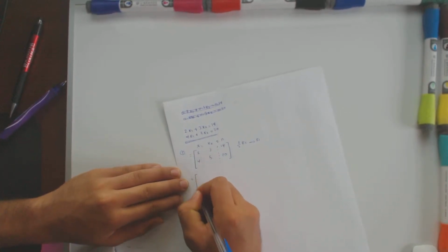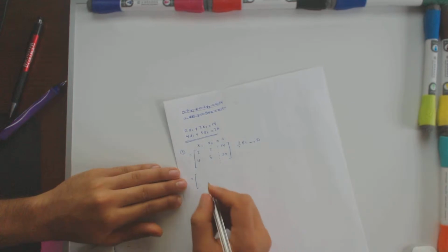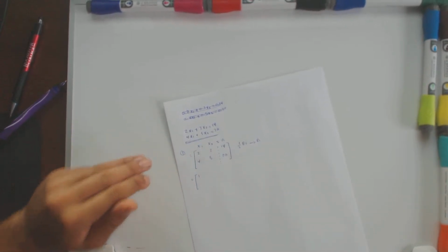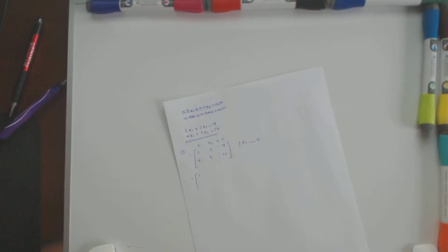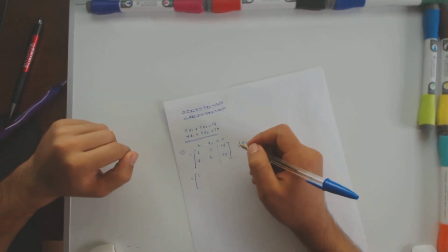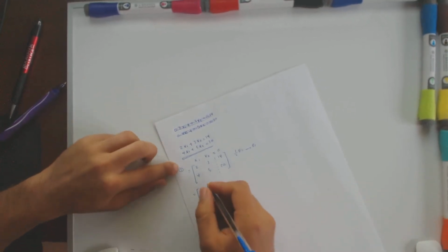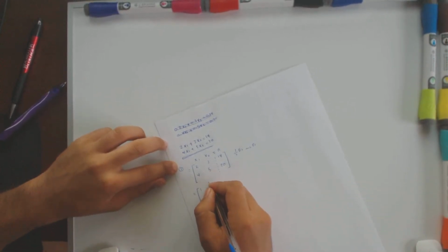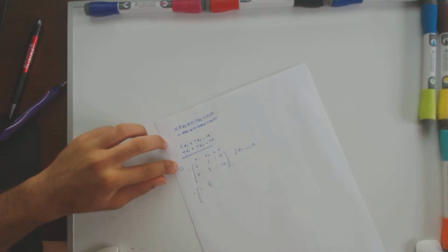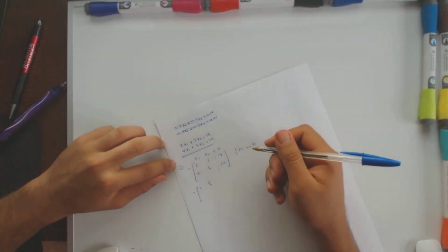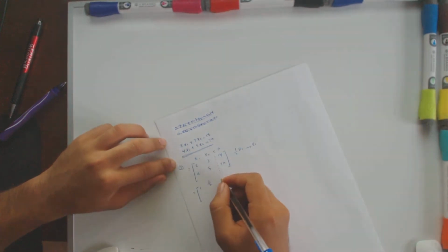So just follow what I'm doing. 1/2 times 2 will be 1. So we did what we're supposed to do. Now we have to multiply 1/2 by 3, which will be 3 over 2, and 14 times 1 divided by 2 will be 7.